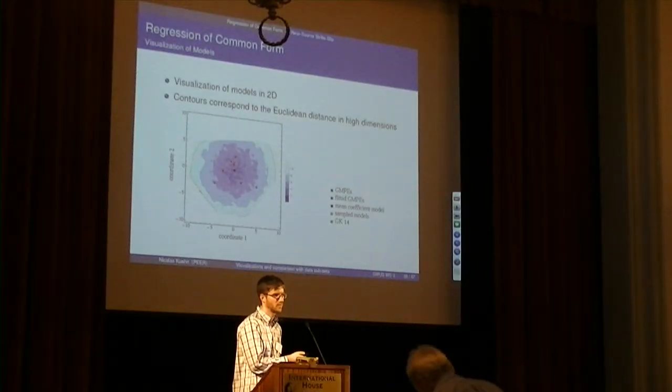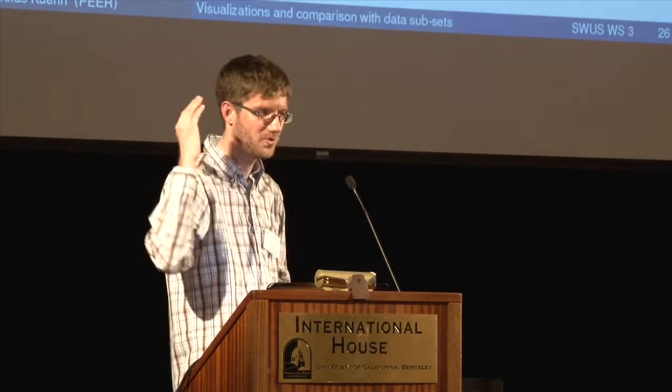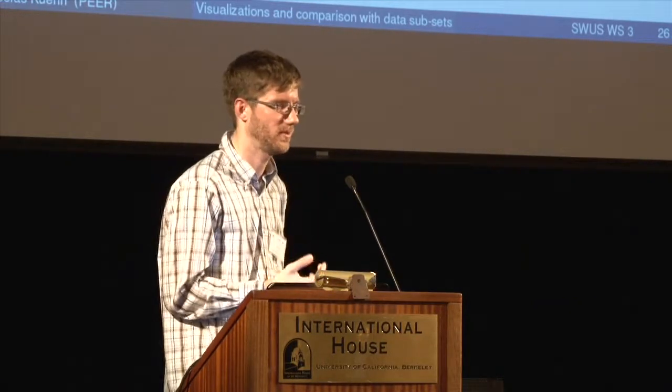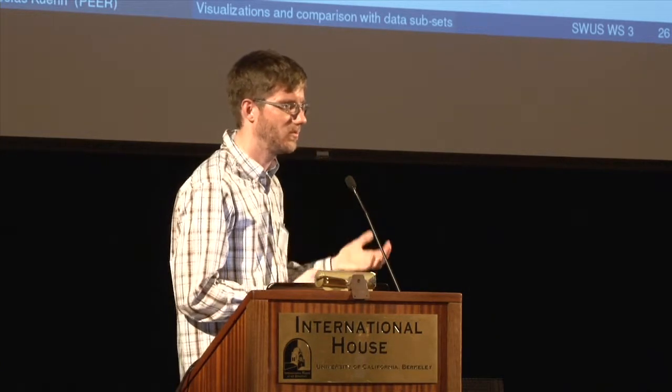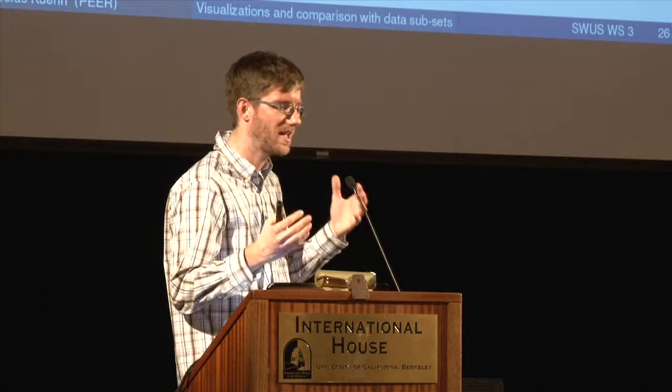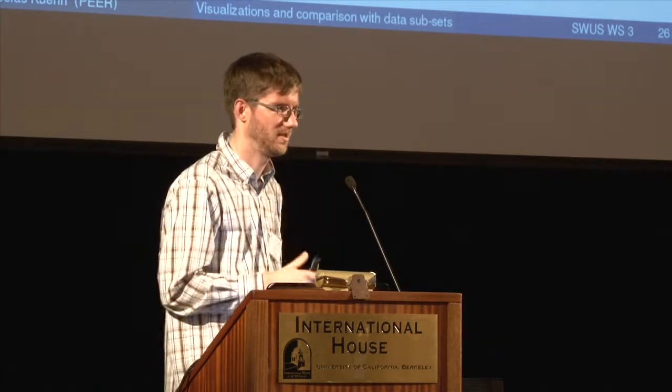But Nico, this is the distance to the center model, correct? Yes, right, this is distance to the center model. So if everything worked out ideally, these would be perfect contours about the center. Yes, but they're just not falling on a two-dimensional manifold in this high-dimensional space. These 1,000 models are some sort of cloud in high dimensions.